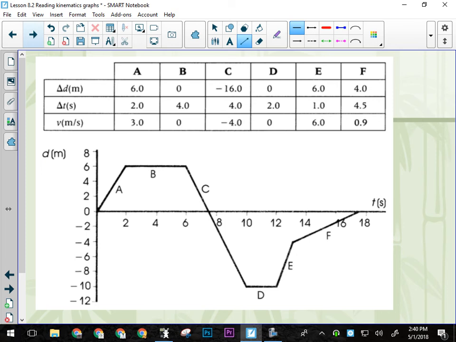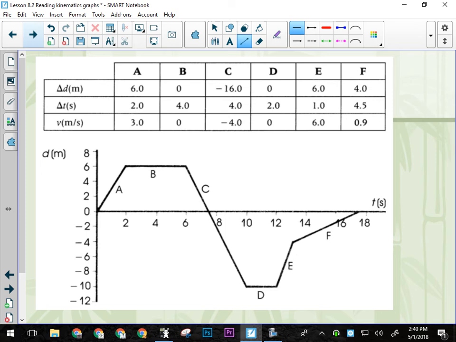All right, so I have a position versus time graph here. What's the object doing in part A? Moving at a constant speed or a constant velocity in a positive or negative direction? Positive direction. Okay, what's going on in part B? Nothing. Standing still.